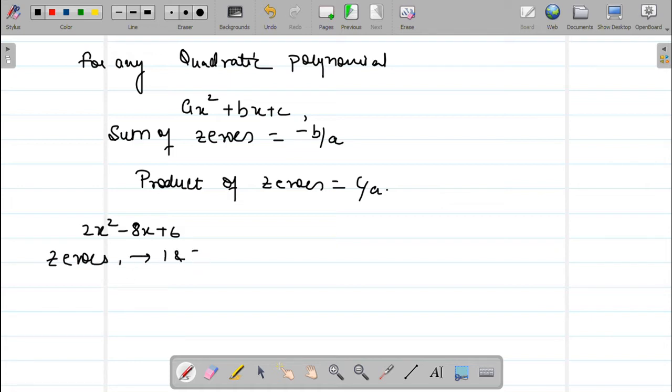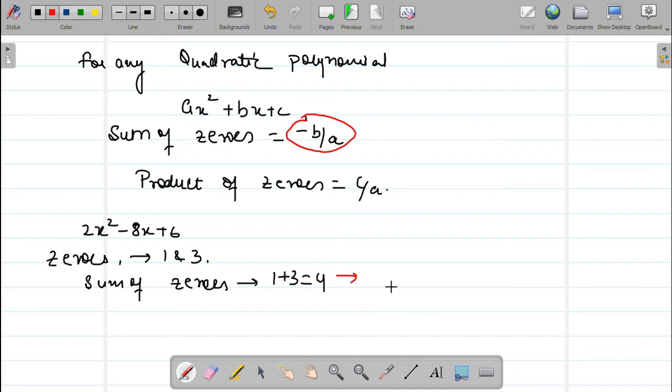So sum of zeros is given by 1 plus 3 equal to 4. Now if I use the relationship here, that will be given by minus of minus 8 upon 2, which is again 4. So that is same. This is the verification.